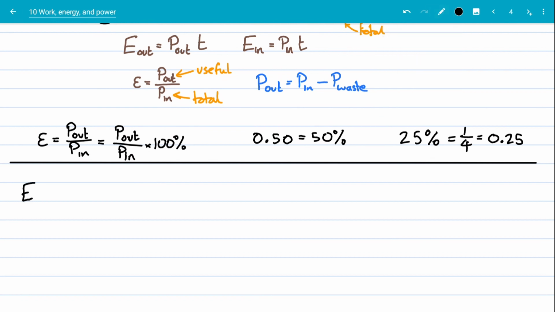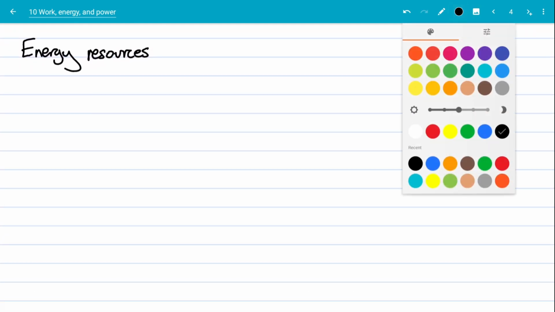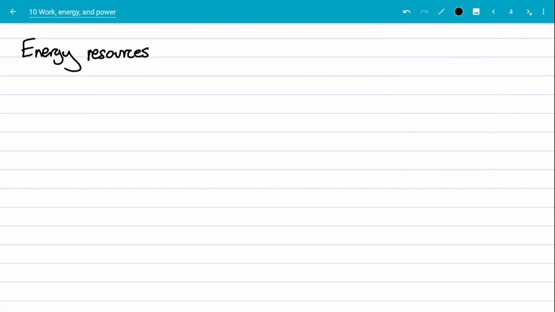So I'm actually going to give it a new title, Energy Resources, because it is not to be confused with energy stores at all. It is a different topic. I'm guessing that they just didn't have enough with the energy efficiency to call it the end of the topic. So energy resources, we don't need to know much more than GCSE.